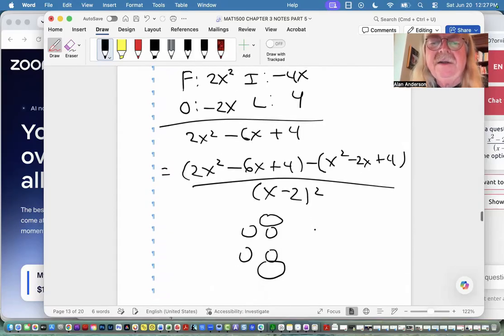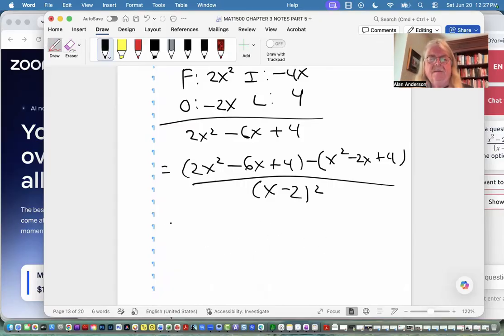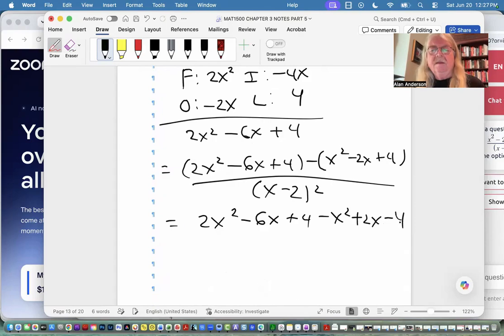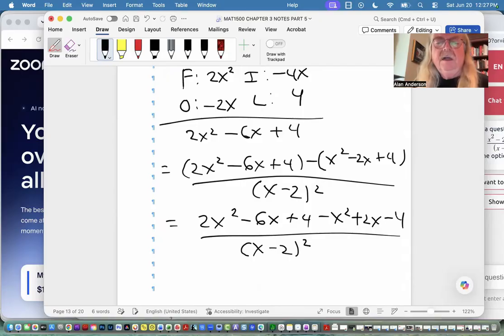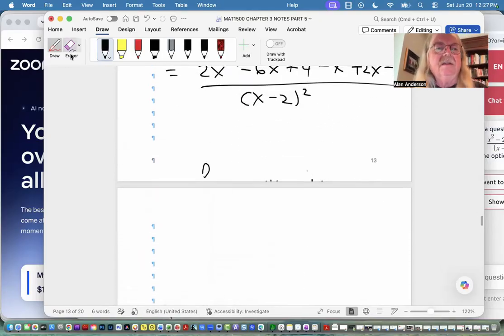All right, so now we can simplify a little more. Eventually, we're going to set this equal to 0 and find the critical values if they exist. Now we can start consolidating some of these.